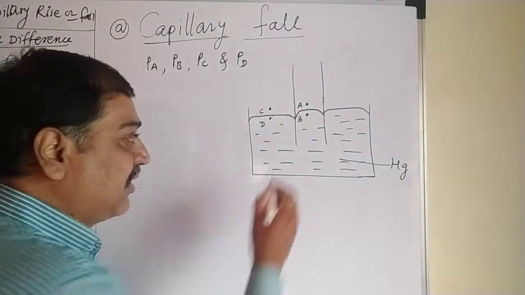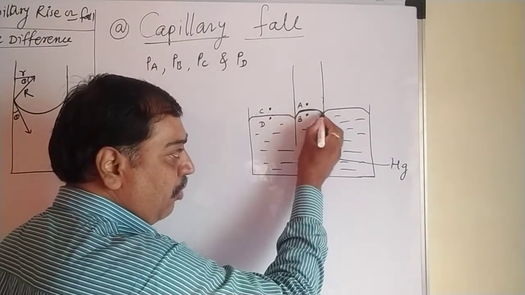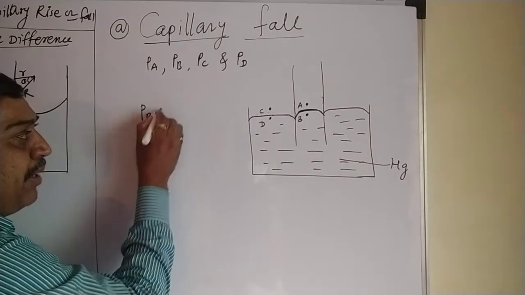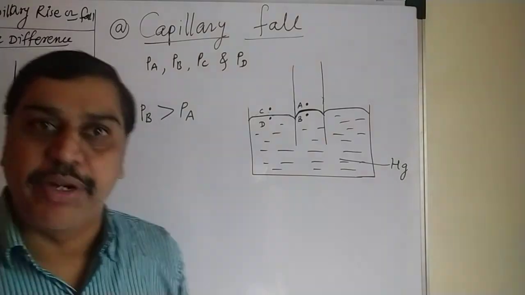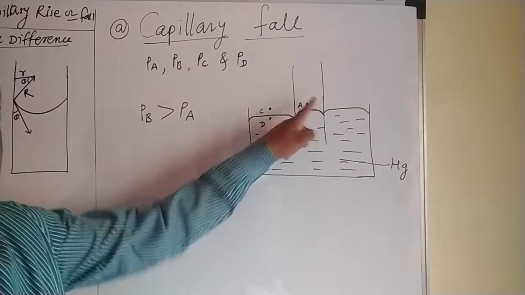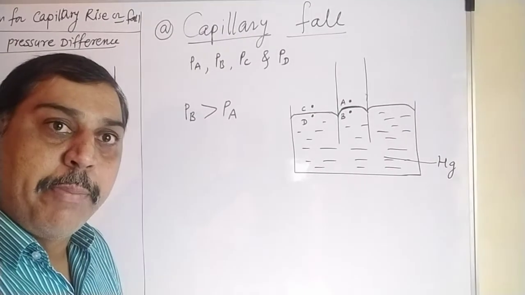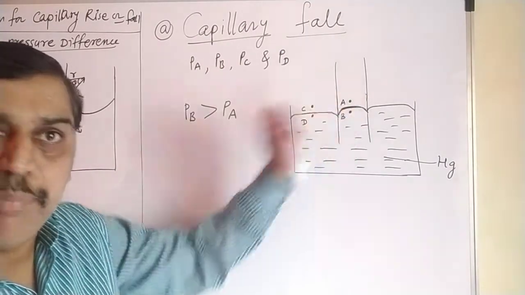By that principle, pressure at point B must be greater than pressure at point A, because the concave side pressure is always greater than the convex side pressure. So we can write PA is less than PB, or PB is greater than PA.